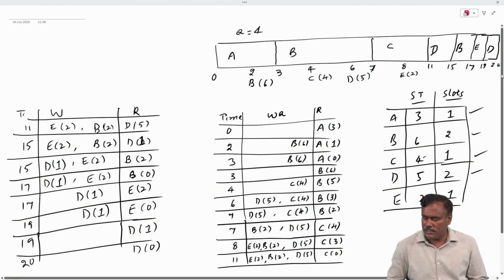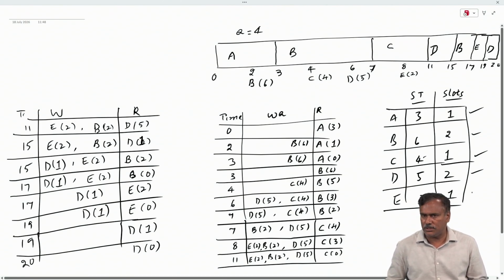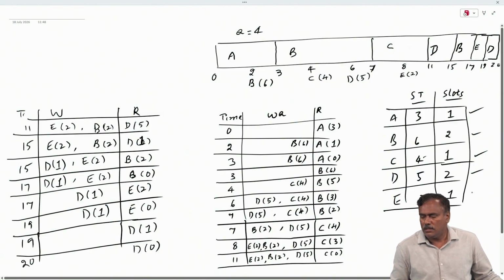So that is D, and E is going to get executed in just 1 turn. You know the service time is 2 units, from 17 to 19, process E has executed. So this is a Gantt chart which shows the execution of these 5 processes with a slice time of 4 units.